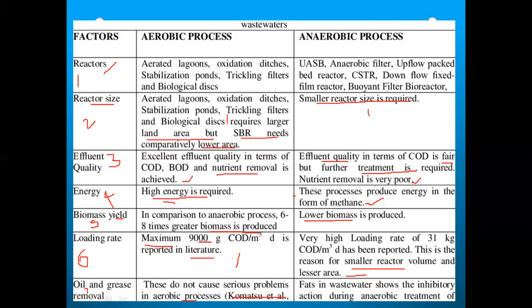Next, fats in the wastewater show inhibitory action during anaerobic treatment. So here in the aerobic process there is no problem, but here there is a problem: oil and grease in the form of fats in the wastewater show inhibitory action during the anaerobic treatment, right? These are the various factors of the aerobic process and anaerobic process.